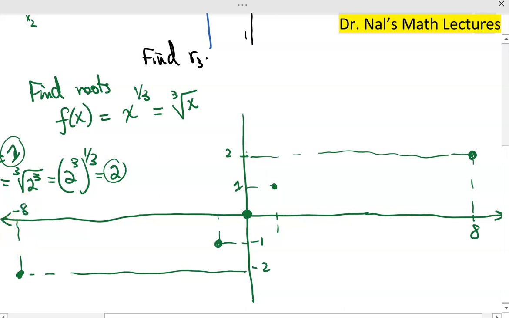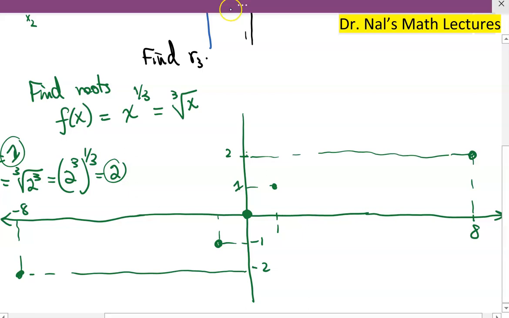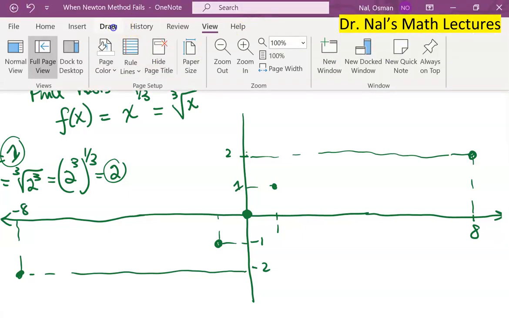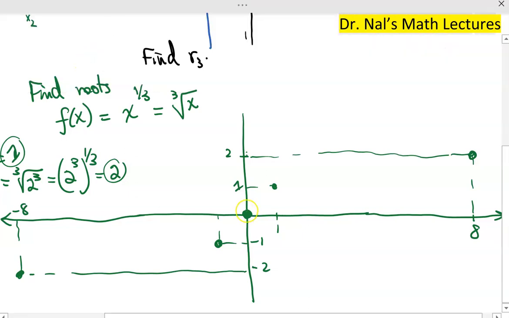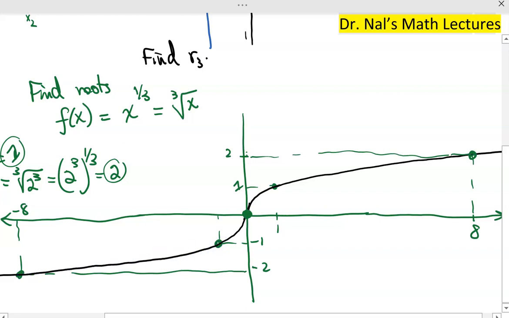So therefore, our function will actually look like this. Let me do it in dark color. So it will be looking like this. Let me draw to the best of my abilities. You can go to Wolfram Alpha website if you want to see how the sketch comes out, but it is something like that. All right, so our goal is to find the root, which is obviously 0, right?